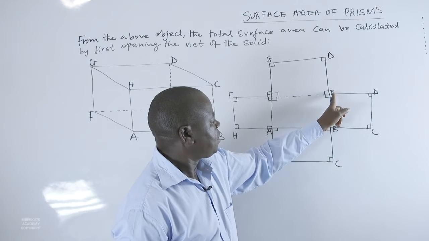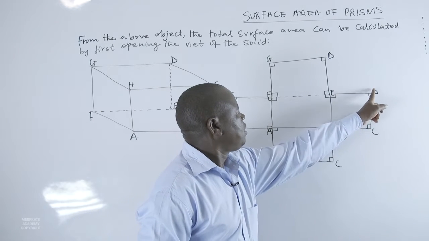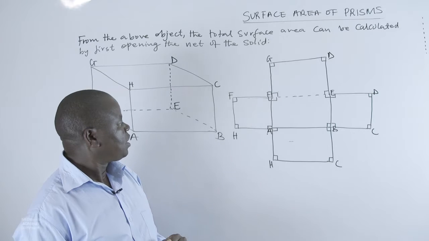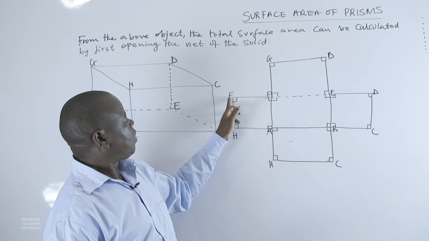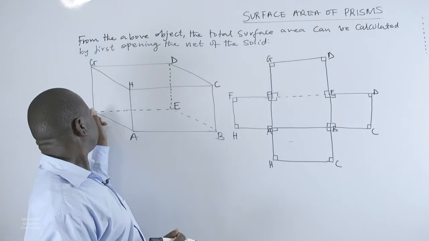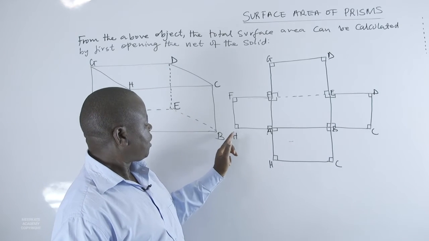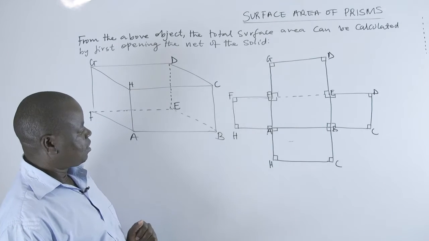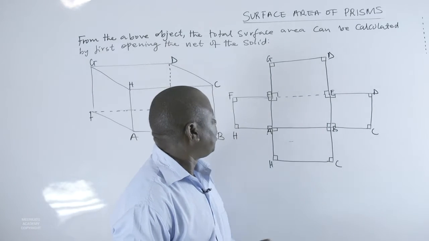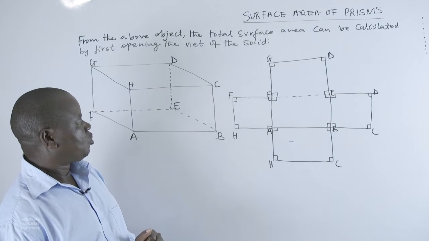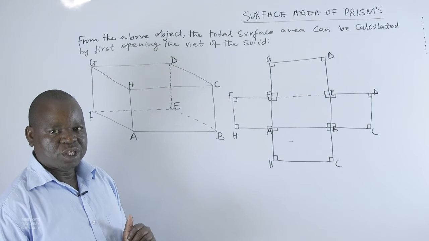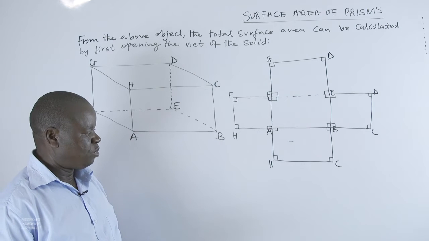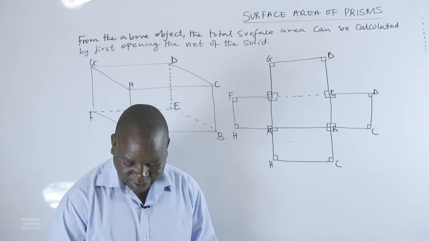Here, E, D, D will come together. Then F, G will come together. H, H will come together. C, C will come together. So that is how we make our net of the three-dimensional object. So let's look at an example.